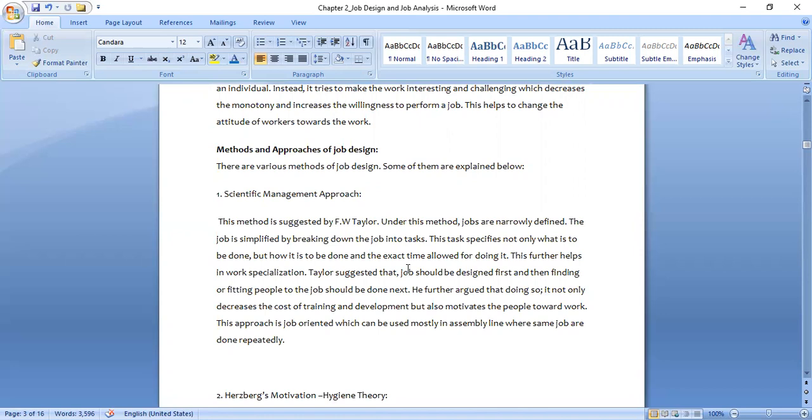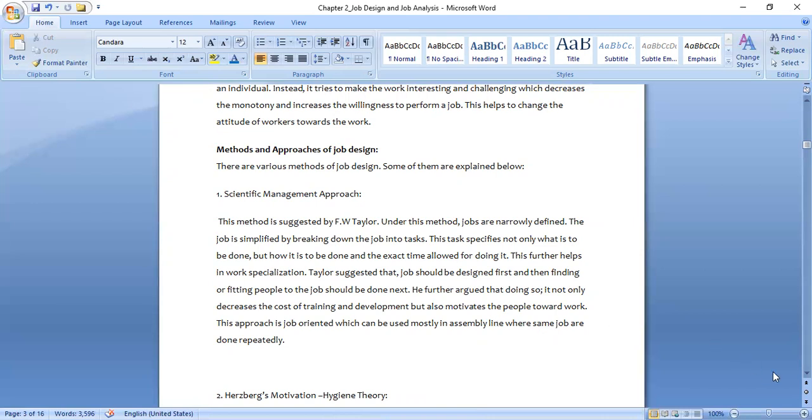These tasks should be explained, how they are going to be carried out, and they should also be scheduled, when to do these tasks. He said that this brings about specialization.